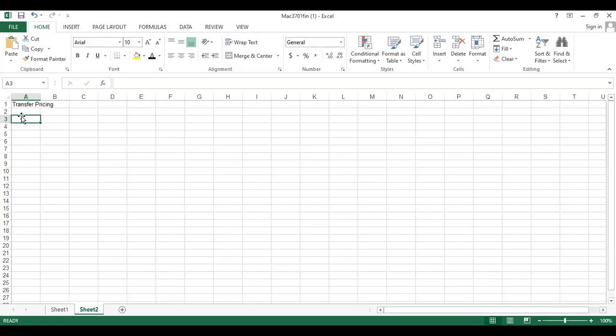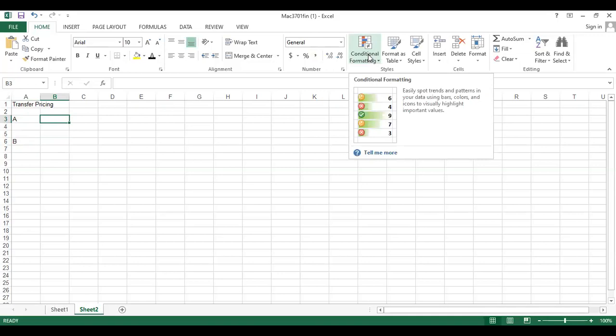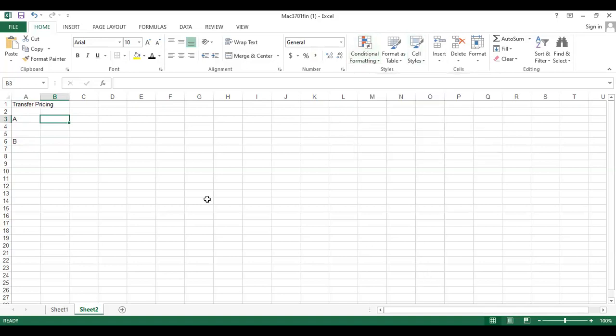Let's pick up a simple example. Let's say we have division A and division B, manufacturing a product that can be sold externally. Let's say it's a farm within our division.